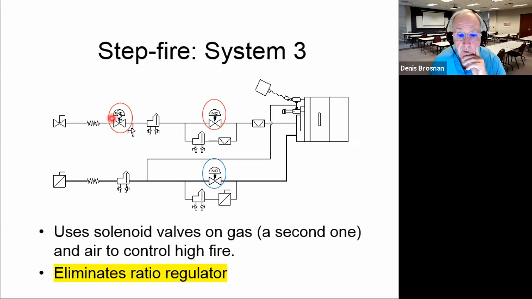And the gas line, we have solenoid valves, 2 of them here, but we have the ability to shut off the entire gas and air supply at one time. Or we can leave the gas supply open and we can have low fire and high fire by controlling this particular solenoid valve. We have a bypass here on the air system as well.